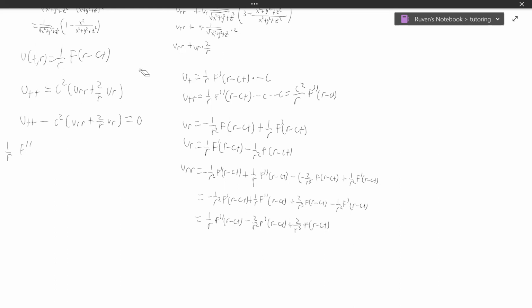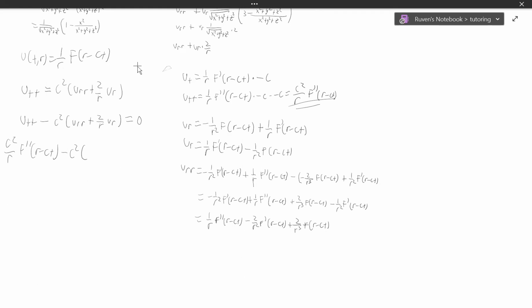Okay, wait. There's a negative c there, which I didn't simplify. No, it's okay, I see what I did. So it's c squared. See, that's why you have to look over here. c squared over r f''(r minus ct) minus c squared times u_rr.